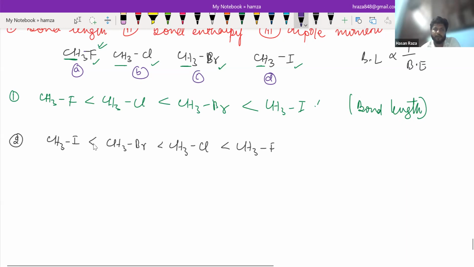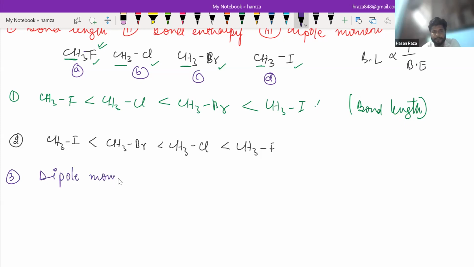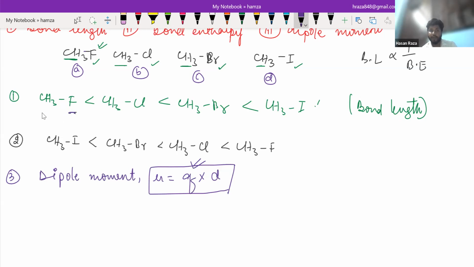Yes, sir. Now we are going to talk about dipole moment. Do you know what dipole moment is? Dipole moment has a formula mu is equal to q into d. This d represents bond length and q is the charge that develops on the atoms. Like this is fluorine, the most electronegative element. That means it will withdraw electron and it will have delta negative and delta positive charge. That depends upon its electronegativity.